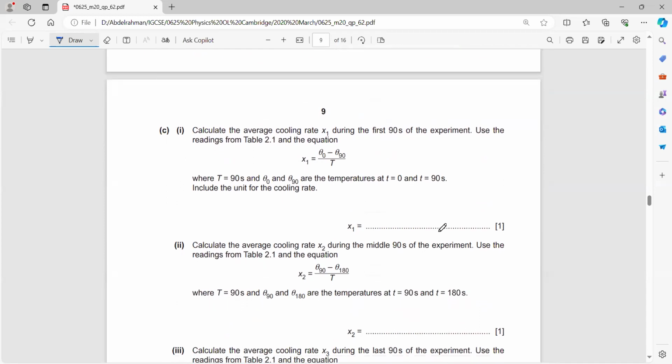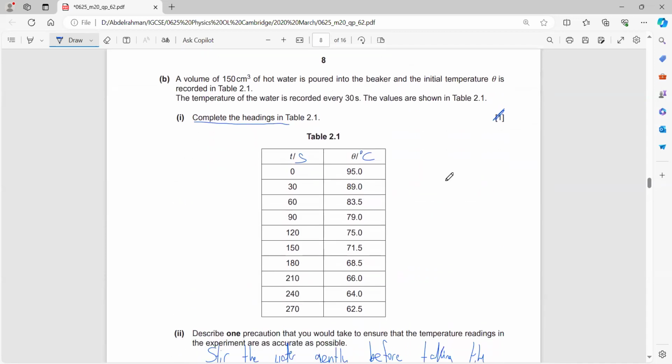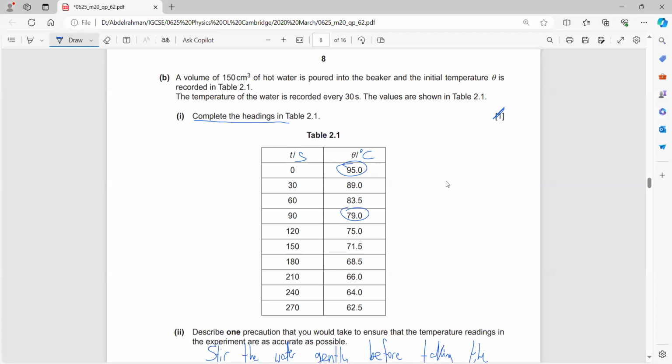Calculate the average cooling rate, x1, during the first 90 seconds of the experiment. Theta 0 minus theta 90 over t, where t is 90 seconds. What are the numbers for theta 0 and theta 90? Theta 0 is 95 and theta 90 is 79.